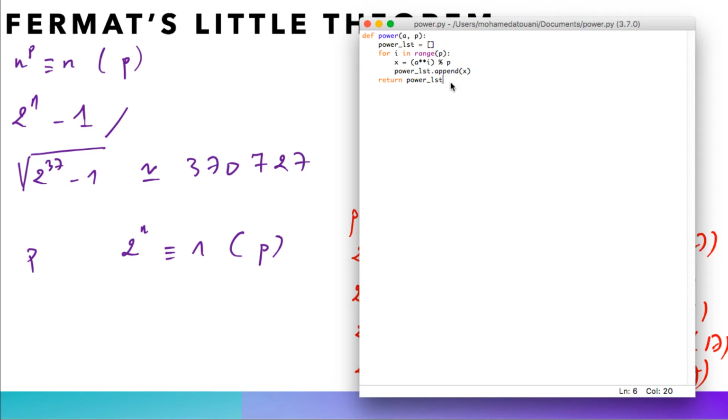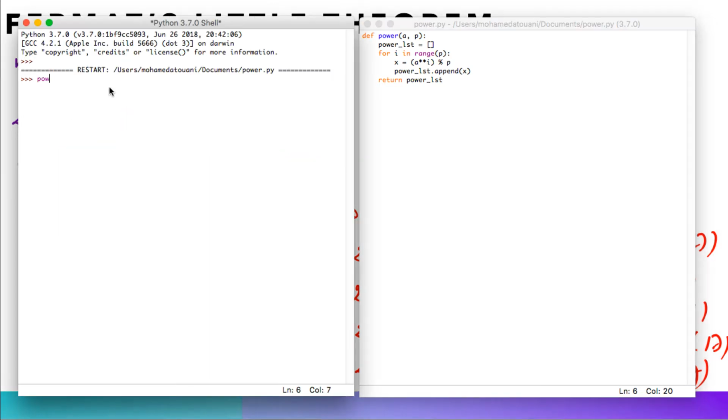I wrote for this purpose a little computer program that will do the job for me. Here, power list is an empty list that my program will fill up with the powers of a modulo p, of course. So if I run this with powers of 2 modulo 17, for instance, one gets 1, 2, 4, 8, 16, 15, 13, 9, and here we get the one that we're looking for.